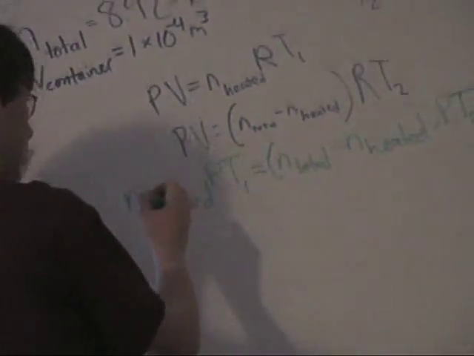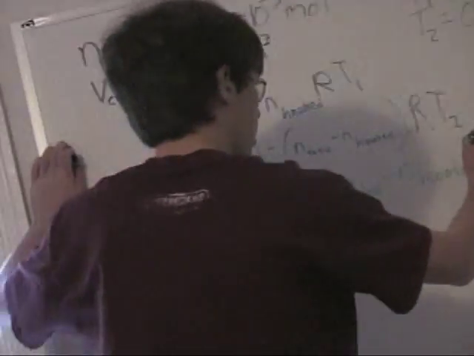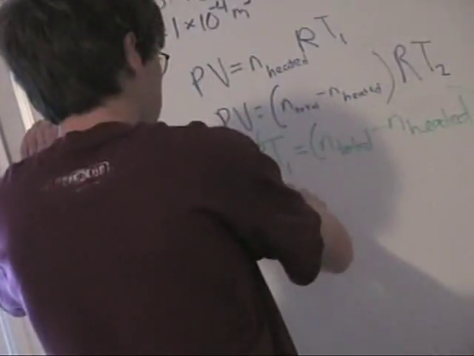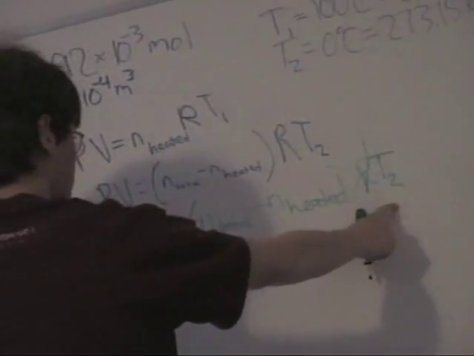Now, we can solve this equation for N heated. Since R is in both sides, we can cancel. And we have N heated times T1 equals quantity N total minus N heated times T2.